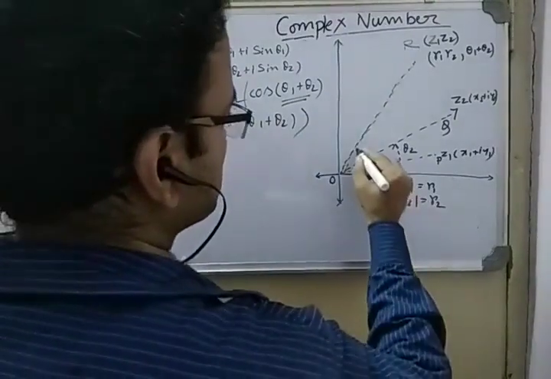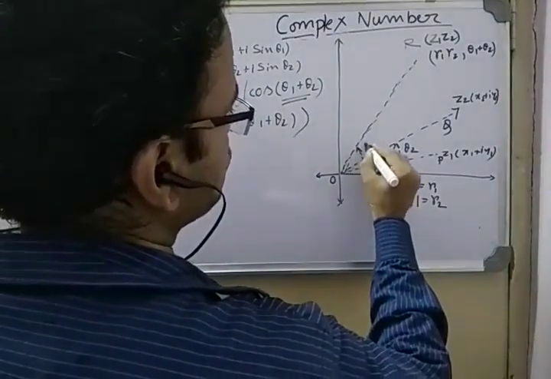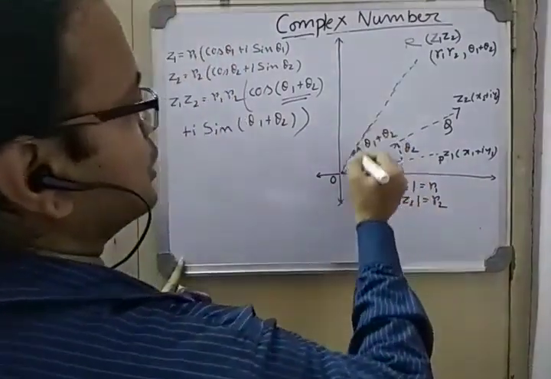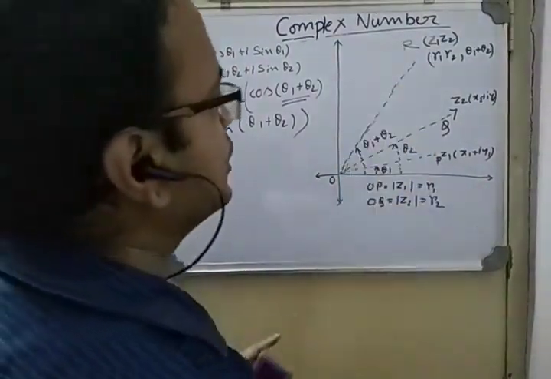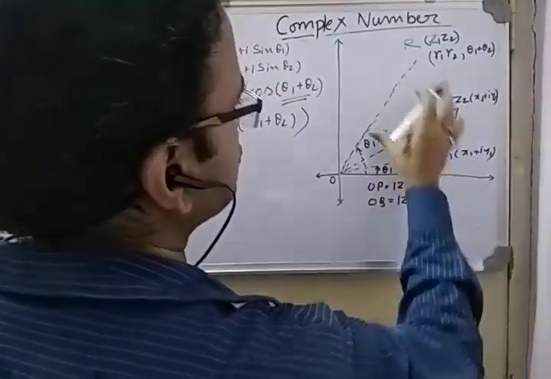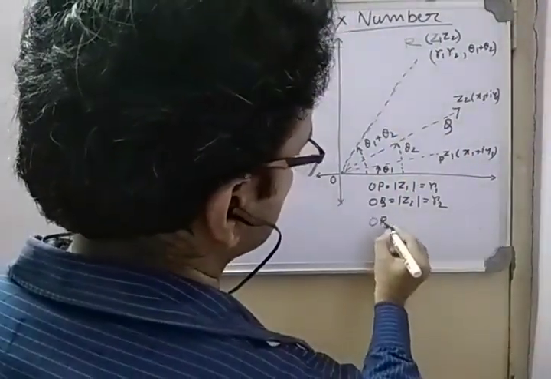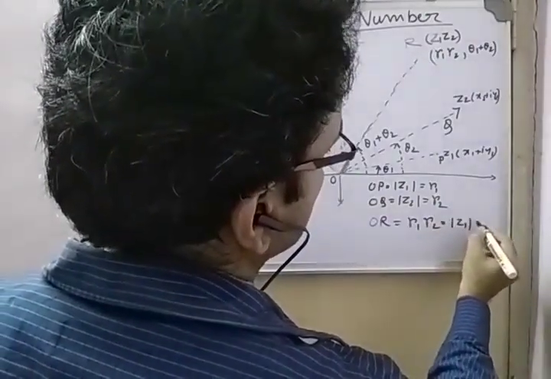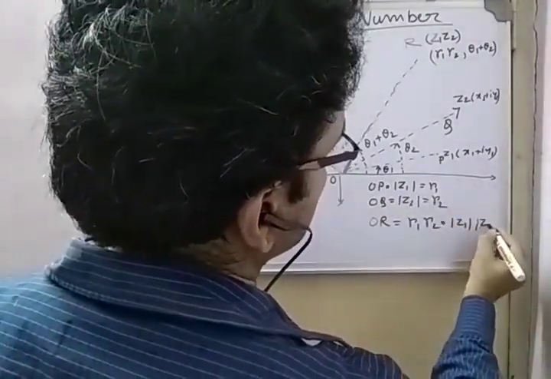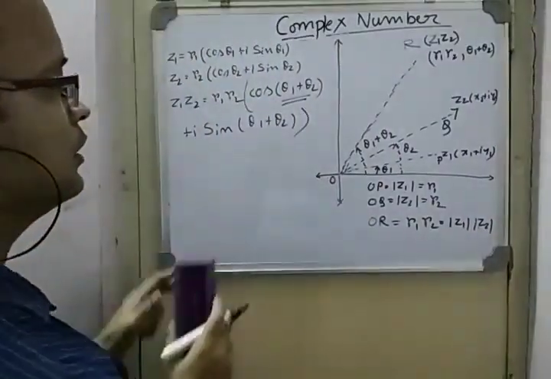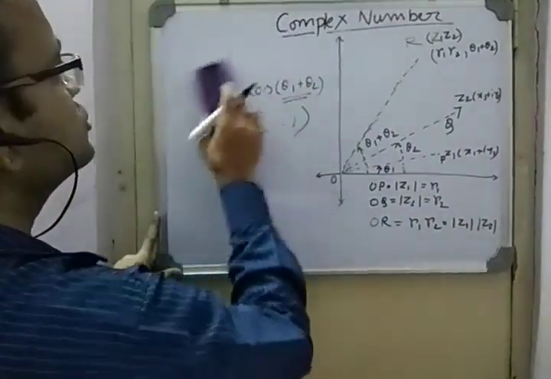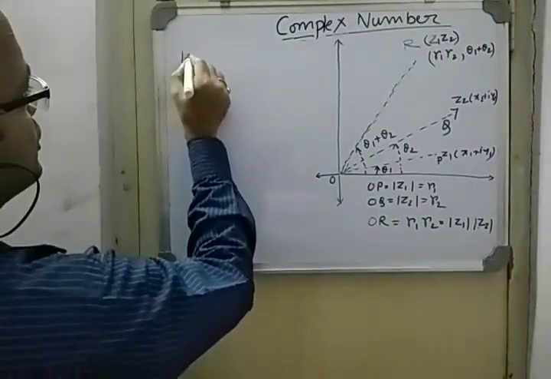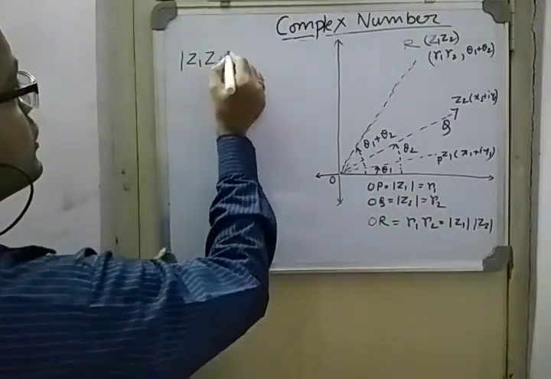The theta here becomes theta 1 plus theta 2, that's why I am taking it on this side, and the magnitude will be R1 R2, that is, mod Z1 is R1 and mod Z2 is R2. Now see, from here we reach an important property of the multiplication or product of two complex numbers.